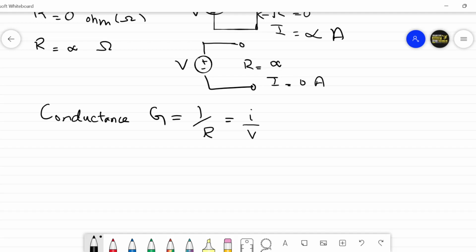The unit of conductance is mho, denoted by the symbol like this, or its unit is also Siemens, denoted simply by S.